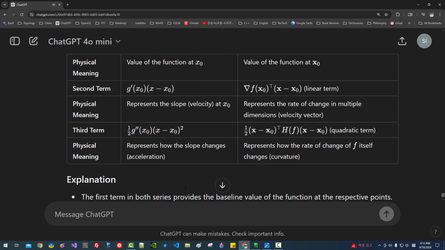Physical meaning: represents the slope or velocity at x0, versus the rate of change in multiple dimensions, the velocity vector. Third term: 1/2 g''(x0)(x − x0)^2 versus 1/2 (x − x0)^T H_f (x − x0), the quadratic term. Physical meaning: represents how the slope changes, acceleration, versus how the rate of change of f itself changes.